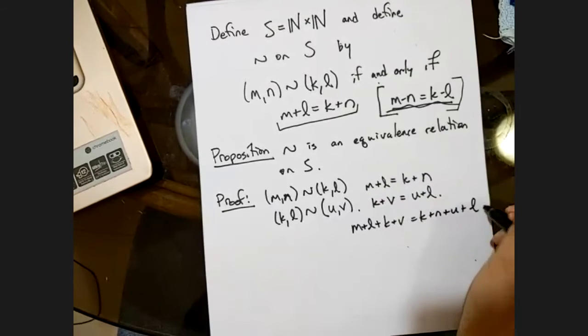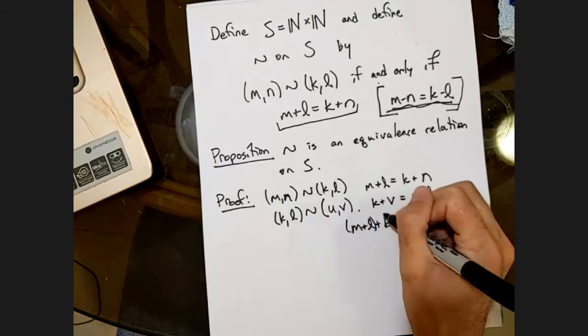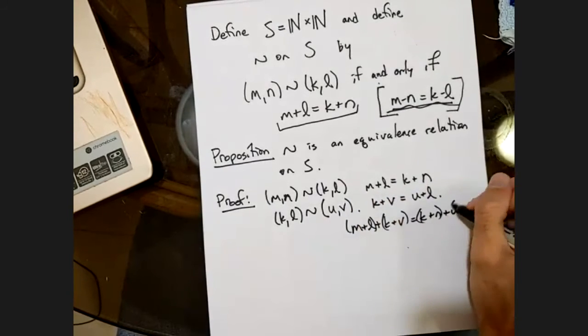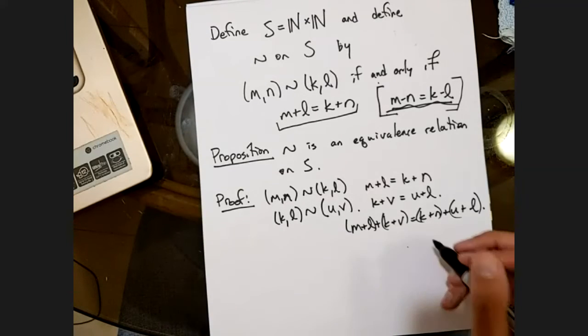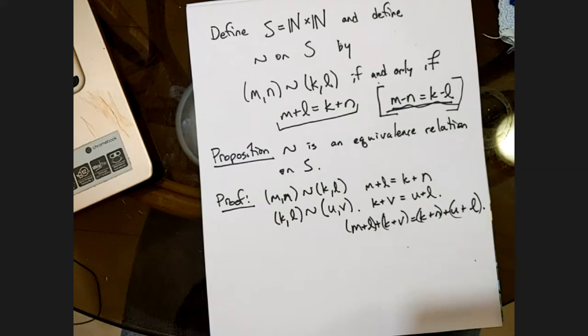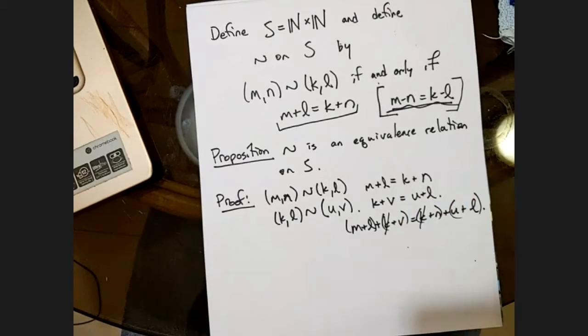Now to go further, we'd need things like the associative law, commutativity, and things like this. These are all things that you can prove for addition of the natural numbers. Then assuming those, you have the cancellation law of natural numbers. You can cancel K's on both sides.